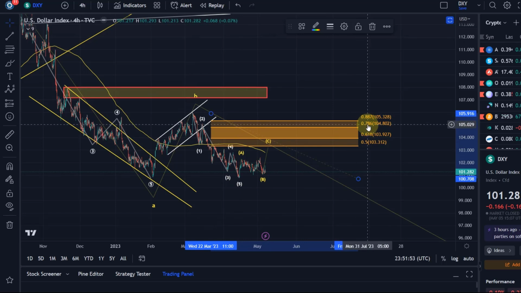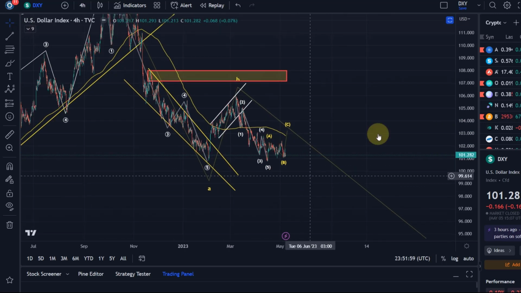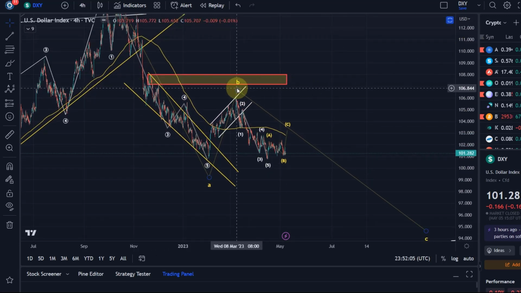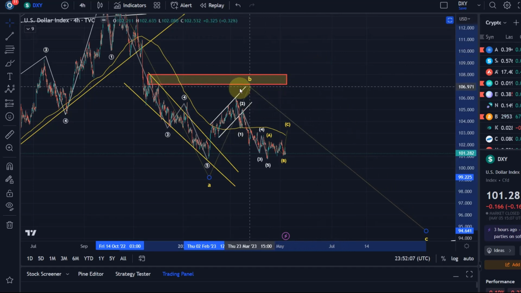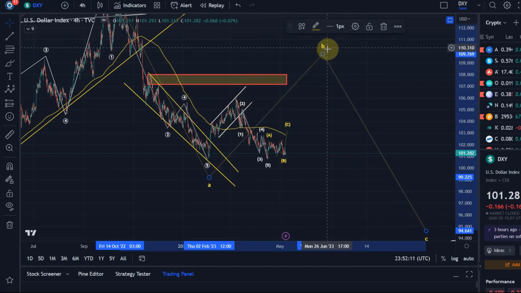So $104.80 is for me a pivot point where probabilities shift from this scenario in which we would come down directly in a C wave to a scenario in which we might get a higher B wave. But even in a scenario with a higher B wave, the overall downtrend scenario would not really be affected. It would just mean a bit of a deeper pullback in an uptrend here.